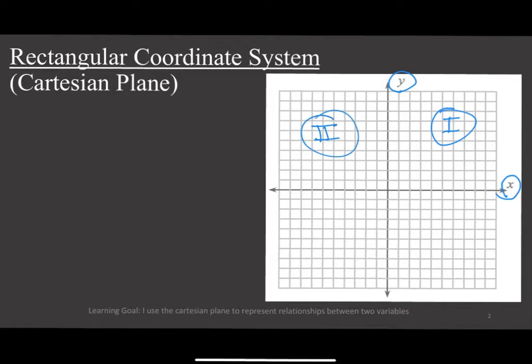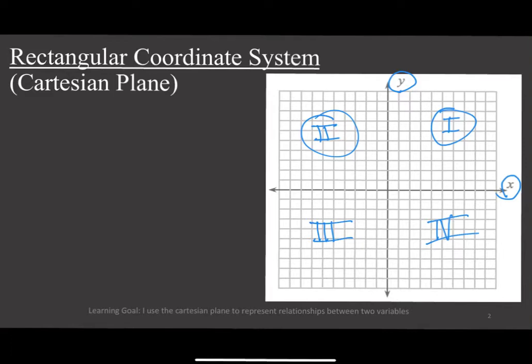Our next one on the bottom left would be quadrant number 3. And finally, quadrant number 4 is the bottom right. So that's one key idea in this section. Just make sure you're able to recall the quadrants and where each one of them goes. We're going to touch on these a little bit later on as well.